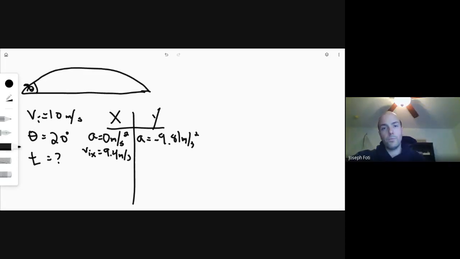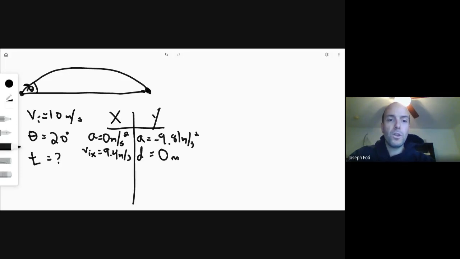To do that, we make one of these negative, and I chose down to be negative. Okay, great. What else? Well, we don't know anything about the height of anything, but we do know one thing. Here and here is the same height, which means the overall displacement for this projectile is 0 meters.